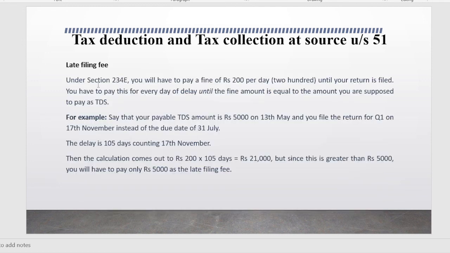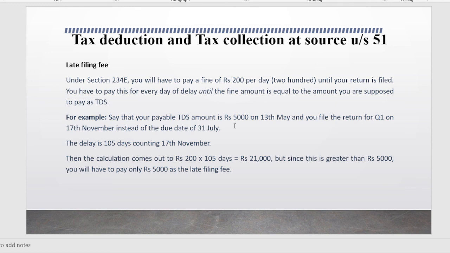Okay, and if you fail to pay the GST on time, and if you file late for the issue of TDS certificate, then the fine will be 200 rupees per day. Okay, so your payable TDS is 5,000 on 13th May, and you file the return for quarter 1 on 17th November, then there is a delay of 105 days.